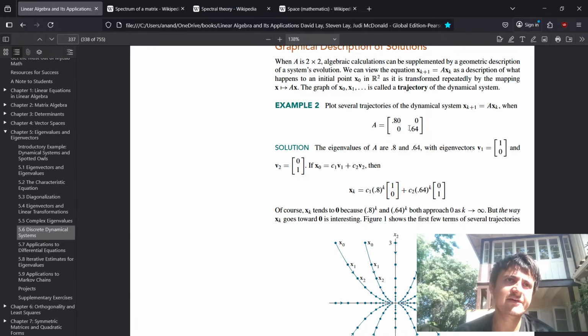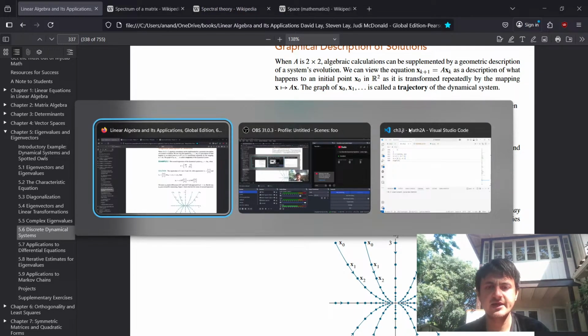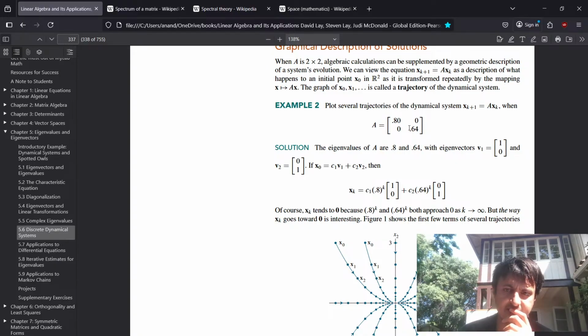It's interesting, the difference between a discrete dynamical system and a linear homogeneous differential equation. In this case the eigenvalues are positive, so it would grow because the derivatives are positive.